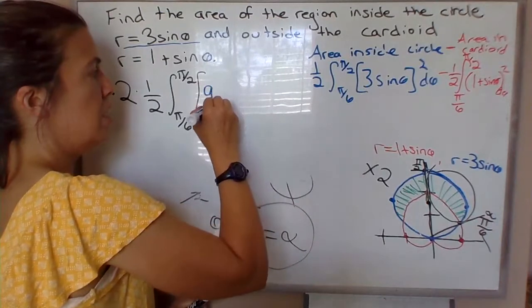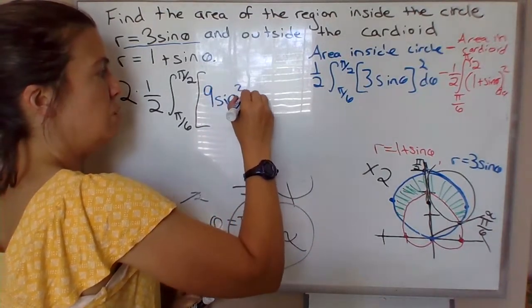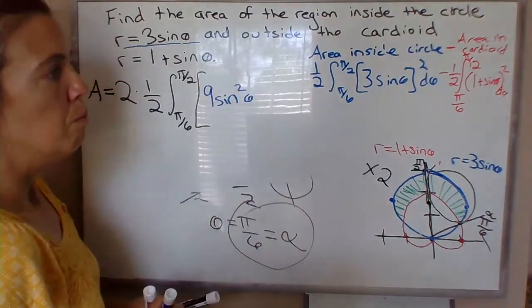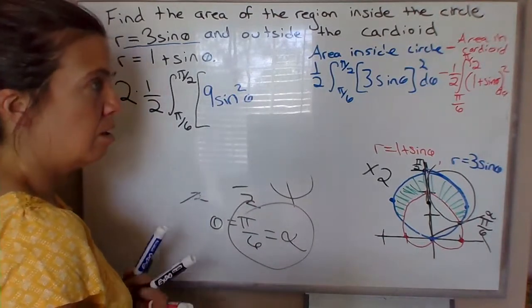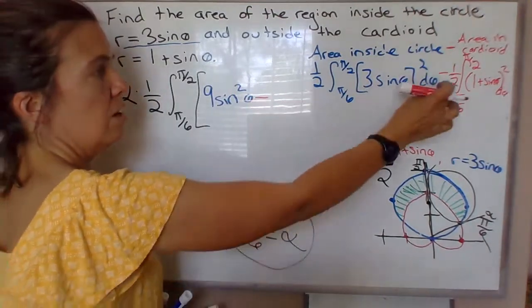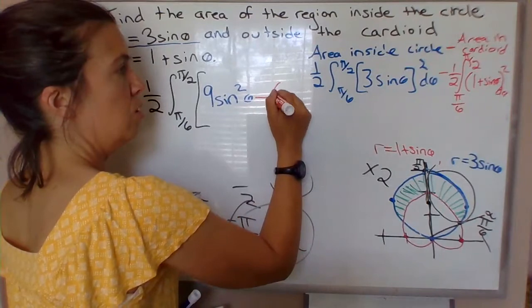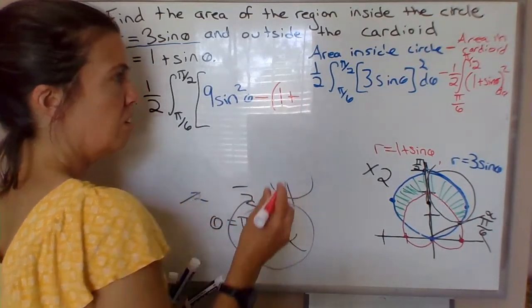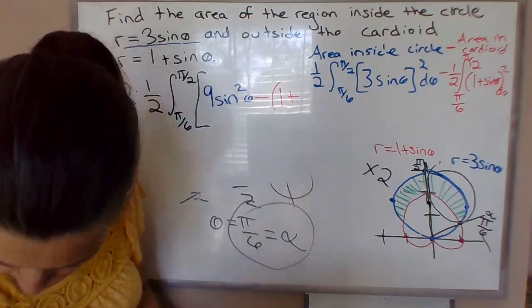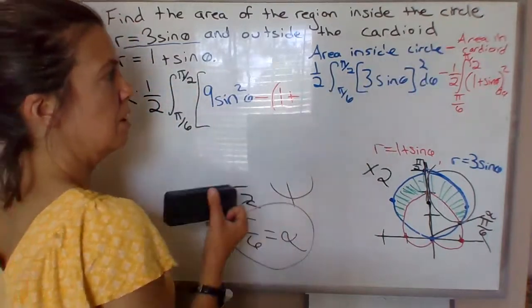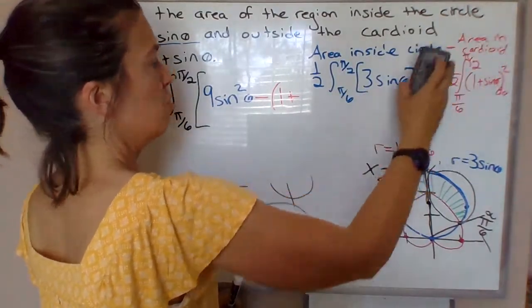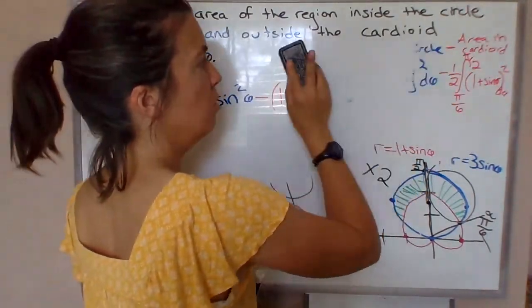I'm going to call that 9 sine squared theta, minus the area inside the cardioid, so the 1 plus sine theta all squared. So we're replacing this expression over here with a single integral.